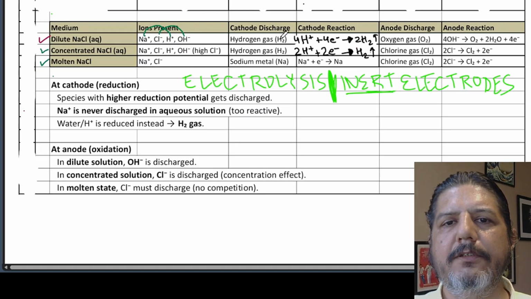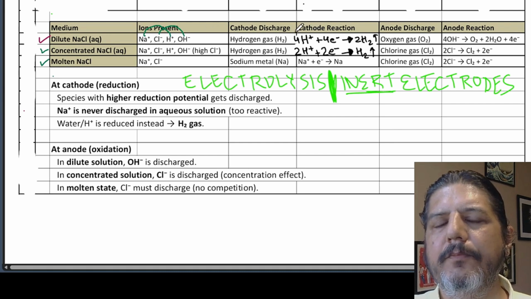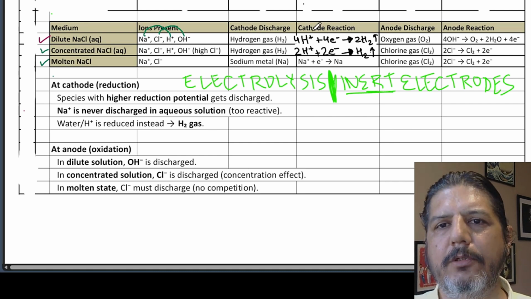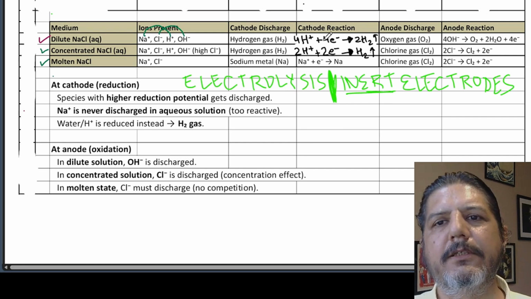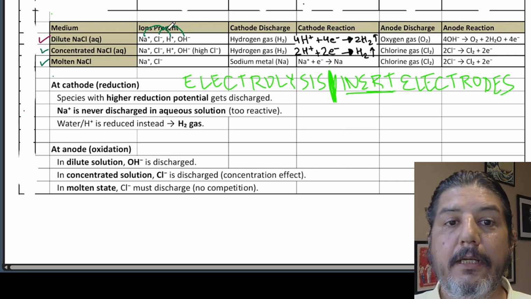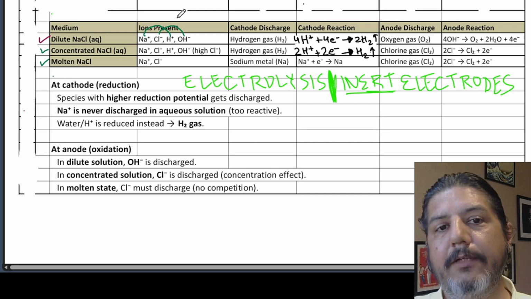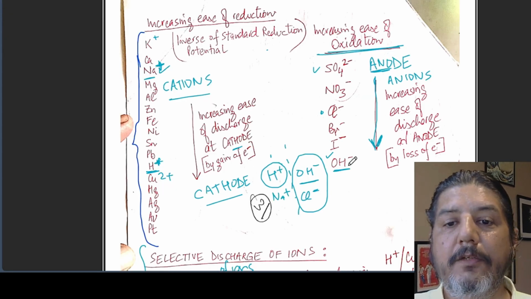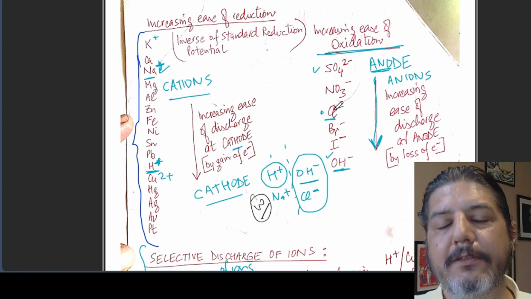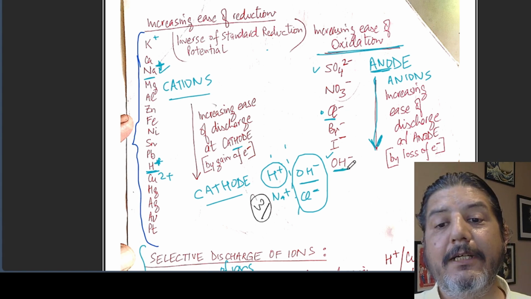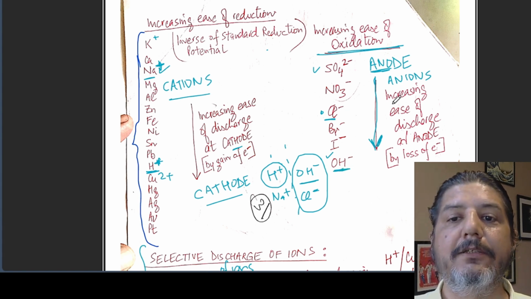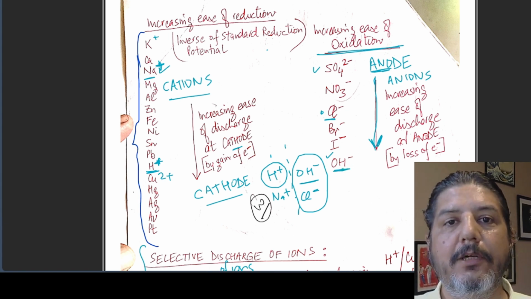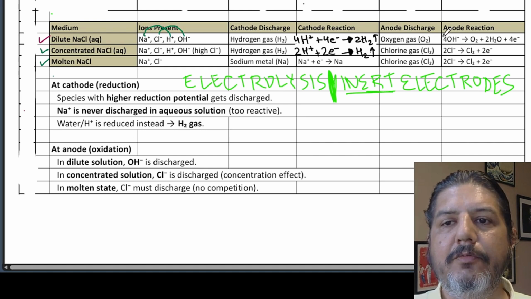So H positive gets discharged, and this reduction reaction takes place at the cathode. In terms of anions, the Cl negative is competing with OH negative. We are dealing with dilute NaCl, so OH negative will get discharged first. This will get discharged at the anode, and consequently, this is the reaction which will be formed.